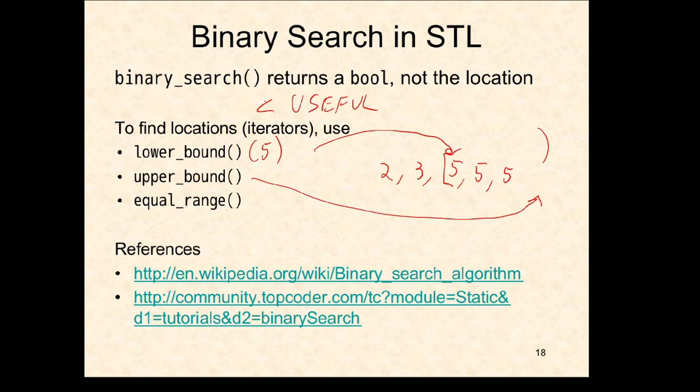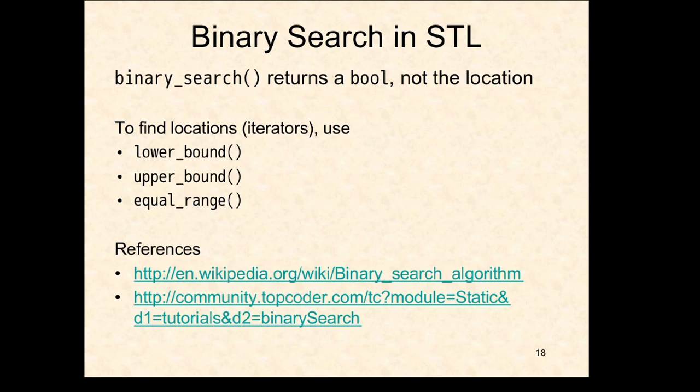Now, when we use lower bound and upper bound, it's important to understand what the STL expects to be given. I've never actually used equal range, but I assume it's the same parameters. But I know lower bound and upper bound are the same parameters. So we need to give them a begin iterator, an end iterator, and a value to search for. And optionally, there are two versions.